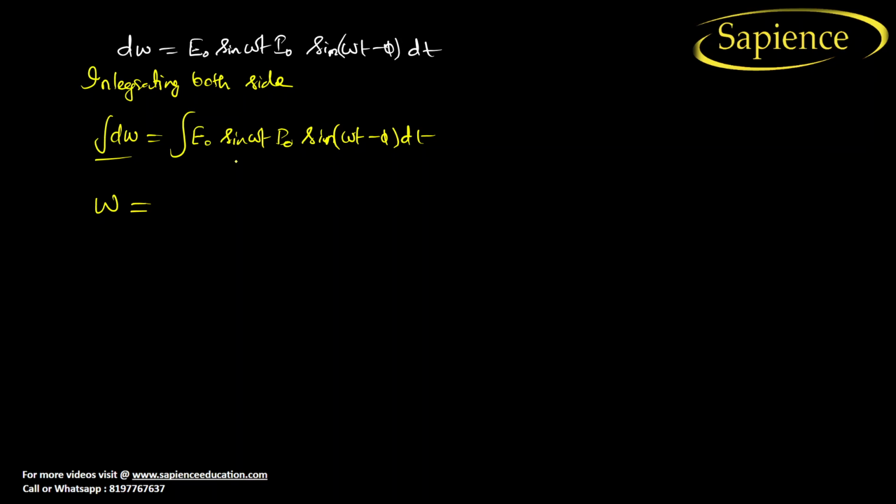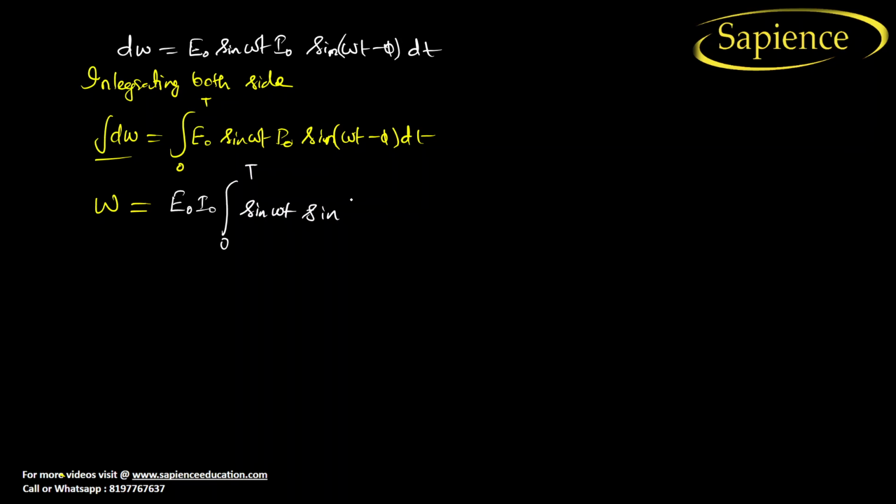Now we want the integration over a time period capital T, that is, over a complete cycle. First of all, we should keep all the constants on one side. E naught and I naught are the constant terms, and the limits are from 0 to time period T. Now this is sine omega t into sine omega t minus phi.